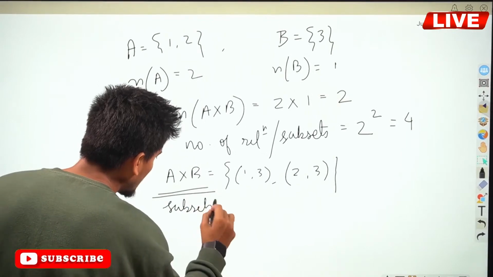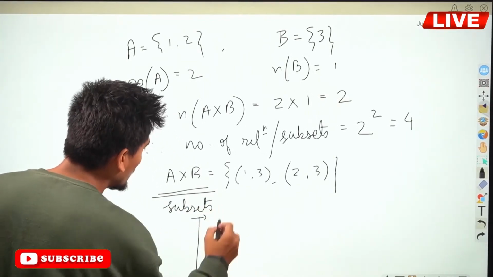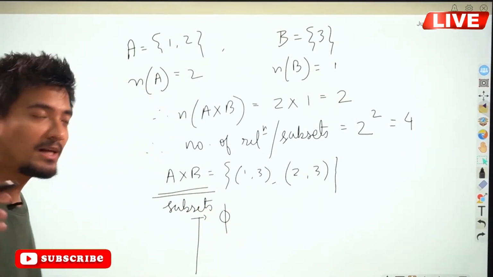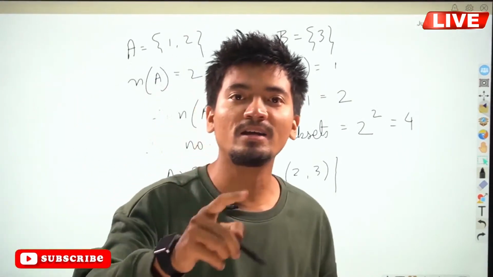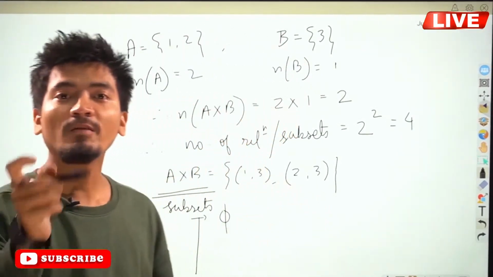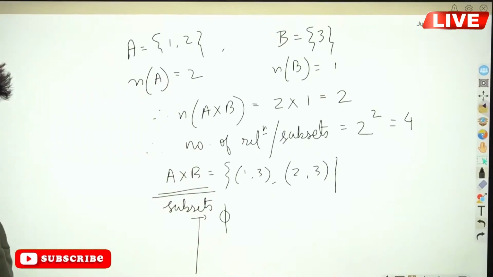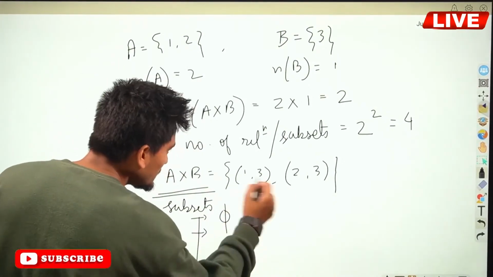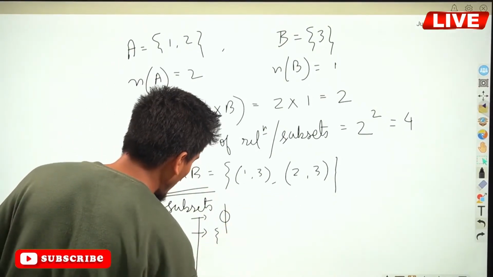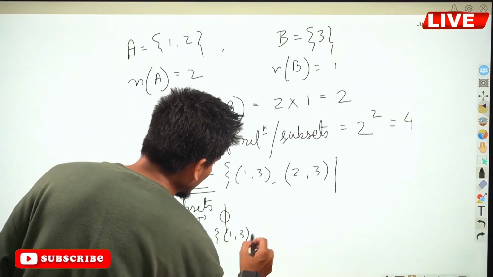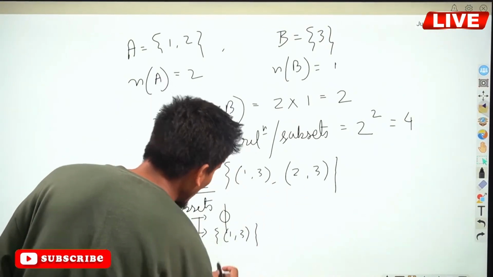So the subsets will be, first of all, we have phi. We have already learned in sets that phi is a subset of every set, right? Then we have (1, 3) alone. Then we have (2, 3) alone.